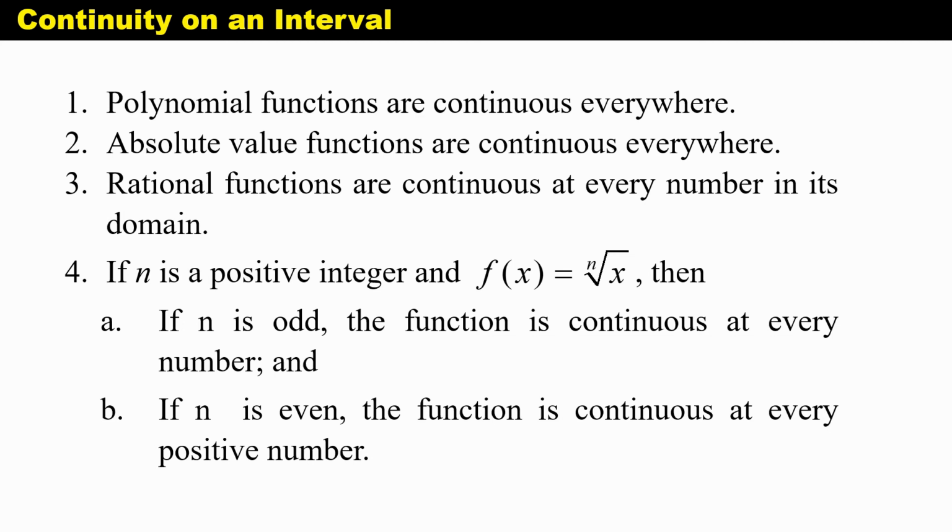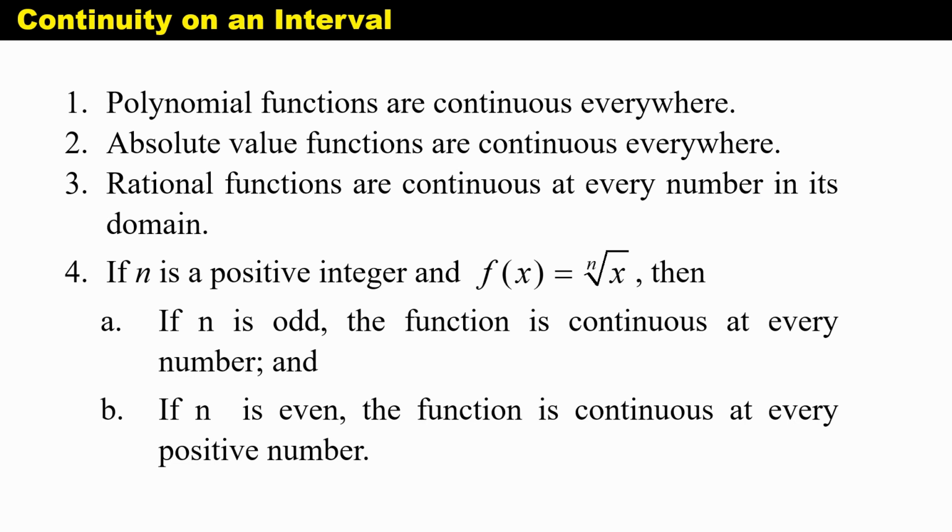First is that polynomial functions are continuous everywhere. Second, absolute value functions are continuous everywhere. Third, rational functions are continuous at every point or every number in its domain.